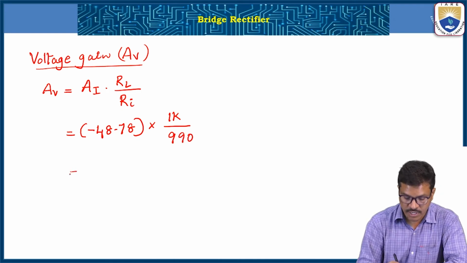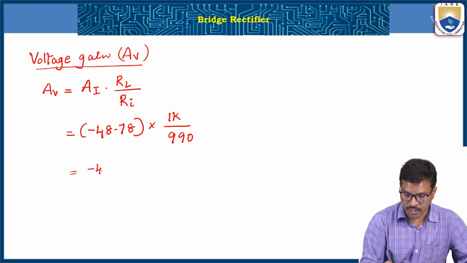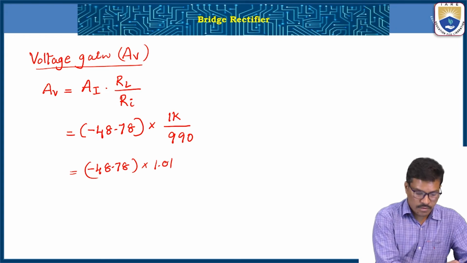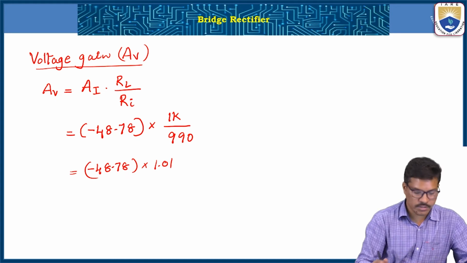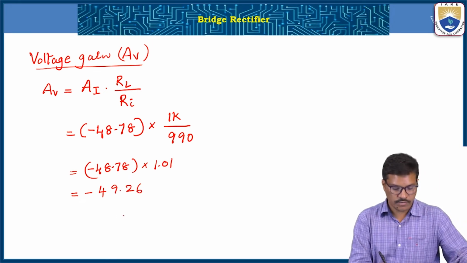So we calculate 1000 divided by 990, which is 1.01, times minus 48.78, approximately minus 49.26. That is the voltage gain.